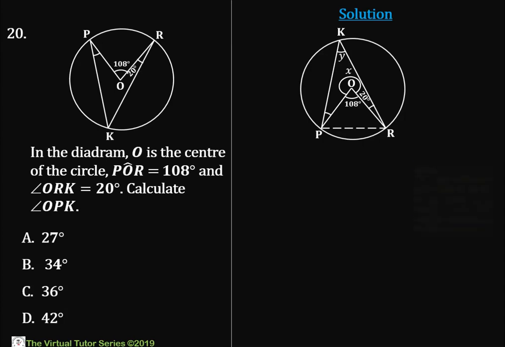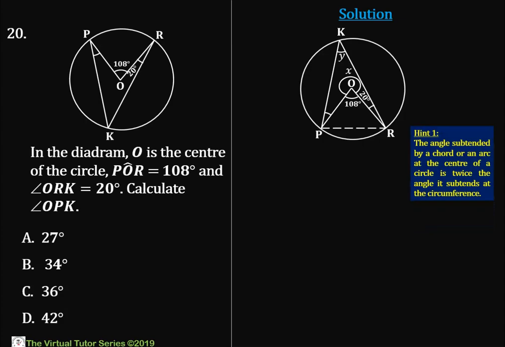Hint number 1. The angle subtended by a chord or an arc at the center of a circle is twice the angle it subtends at the circumference. This means that angle POR is equal to 2 times angle PKR.